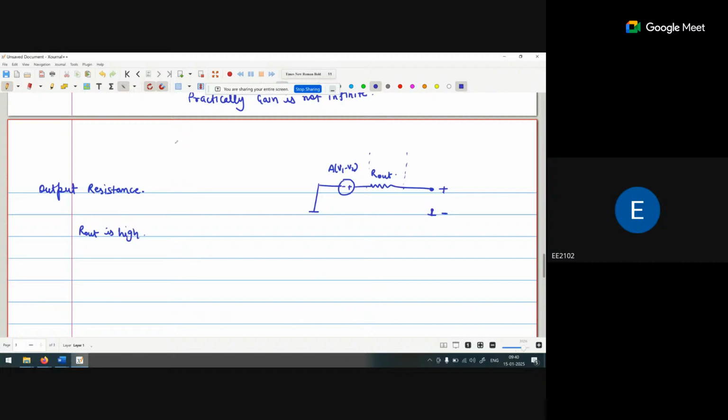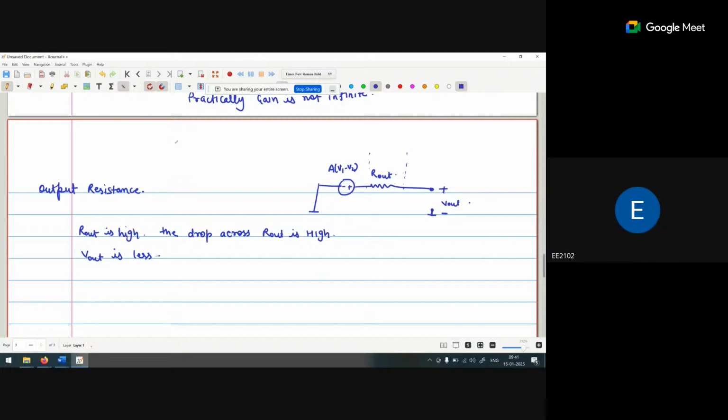So if R out is high, the drop across R out is high. If the drop across R out is high, then the voltage we are getting as output V out is less.